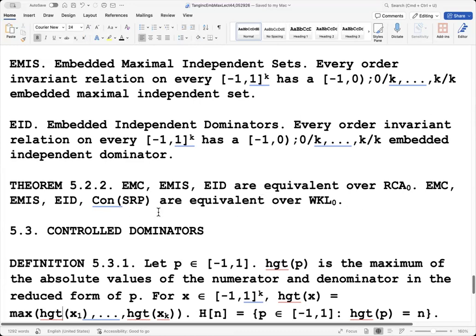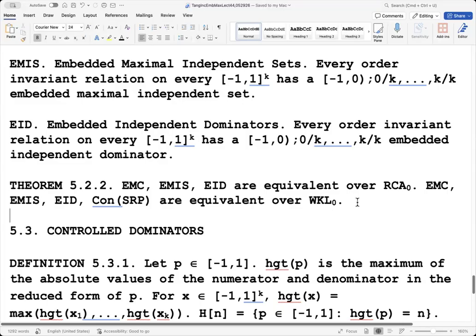And then these are all equivalent over WKL naught. Because of chapter 4, we know that this and that are okay. This is all just to set the stage for the finite form.